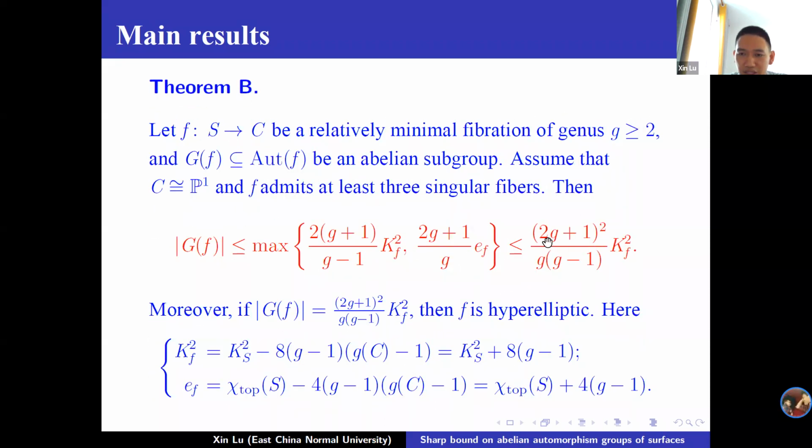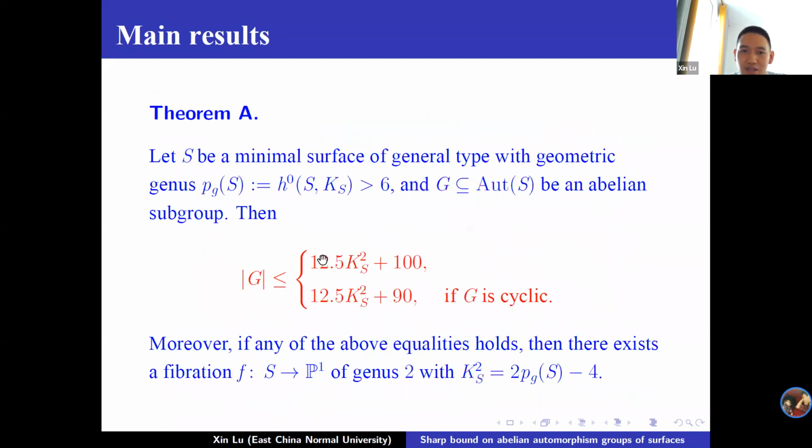You see that when G is equal to 2, 2 times 2 plus 1 is just 5, squared is 25, and here is 2, so it's just 12.5 times K_F^2. And K_F^2 when G is equal to 2 is just K_S^2 plus 8. So it's just this number, 12.5 K_S^2 plus 100.